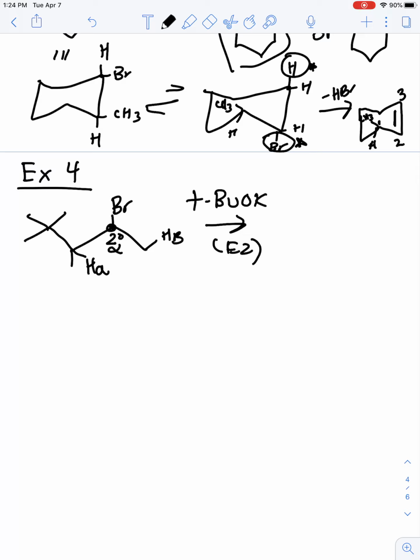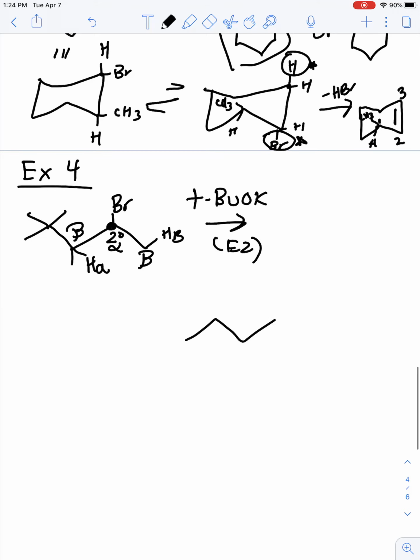We have our alpha carbon right here. This is going to be a beta, and this is going to be a beta. So we have a couple different products that could form. Our products could be this product here, or it could be this product here.